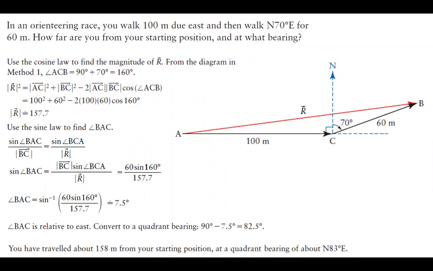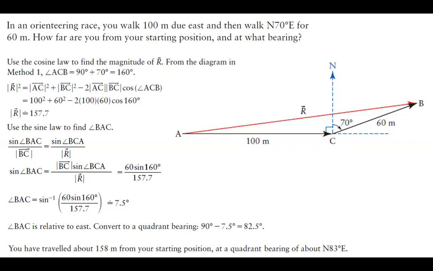This gives us the magnitude of r equals approximately 157.7. Then we can use the sine law to find angle BAC. Note that sine angle BAC divided by the magnitude of BC equals sine angle BCA over the magnitude of r, the magnitude of vector r.